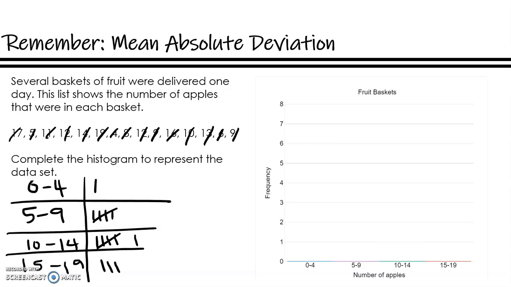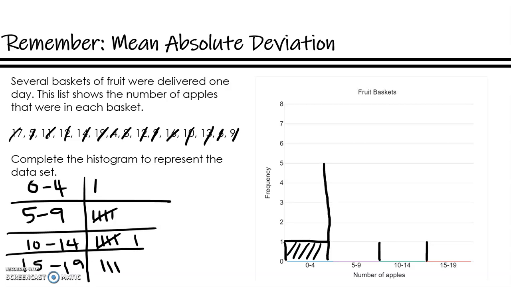So on my histogram, my first section is going to go up to 1. Second section is going to go up to 5.